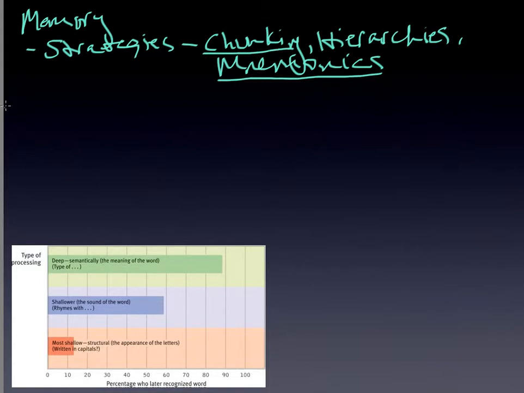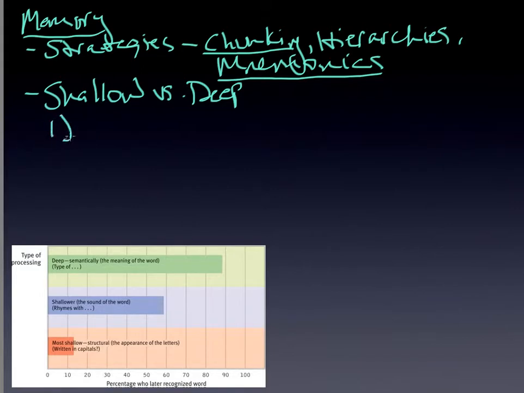Okay. Now, the other component piece to understand about memory is that we can process things in a very shallow sort of way or a deep sort of way. And usually this has everything to do with the amount of effort placed into remembering it and working on the information. And so, like the diagram makes clear down here, the most shallow, for example, would be structural characteristics.